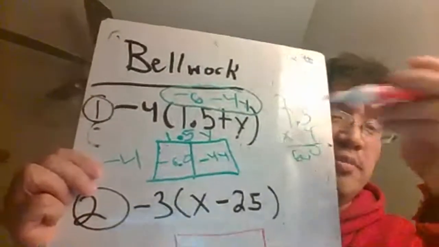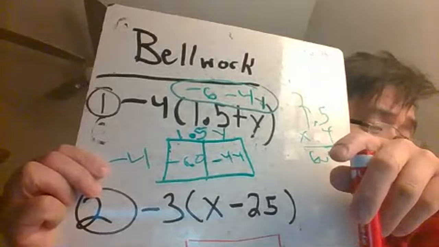When you see parentheses, that means multiply, and you're distributing it.